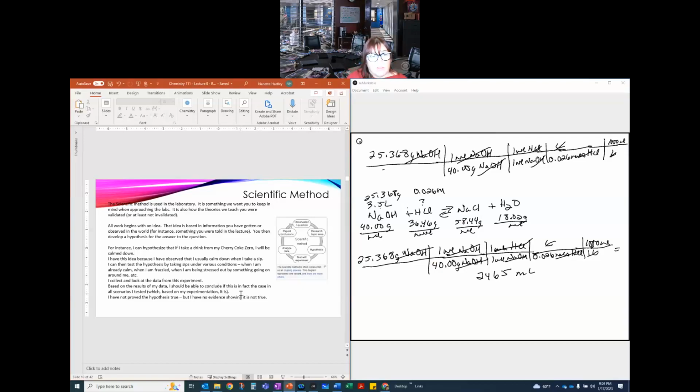So one of the things that we can talk about in terms of the chemical equilibrium lab is that there are 3 different types of measurements that we make. We make one with a burette, one with a graduated cylinder, one with a volumetric pipette, and one with a transfer pipette. And each one of those pieces of equipment has a different level of accuracy that goes with it, and a level of precision that goes with it.